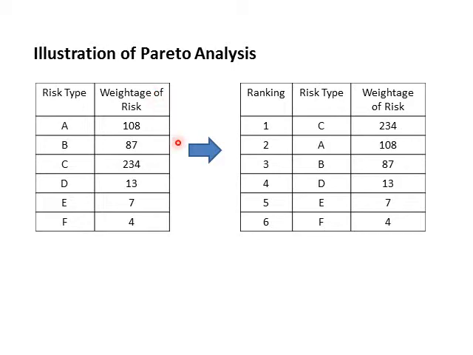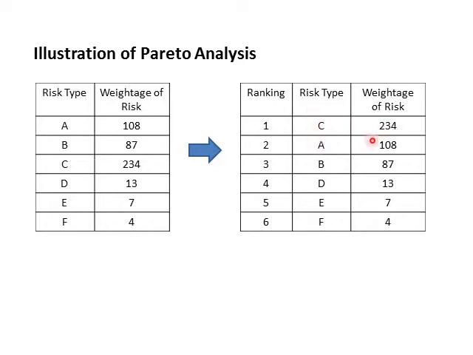Next, you will have to sort it out and you have to rank each risk type. For example, the highest weightage will become first, then the weightage which is a bit lower than the highest, and so on and so forth. So if you rank the risk type, then C will become 1 because the weightage is very much high, 234.